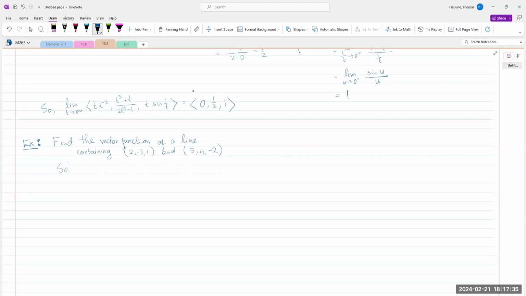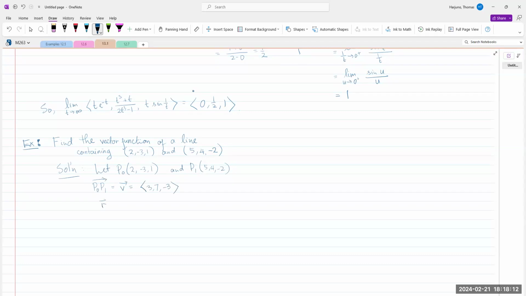The way we did it at the time, let our P naught, the initial point, be (2, -3, 1), and then P1 be (5, 4, -2). Okay, so our direction vector will be P1 minus P naught, right? That will be (3, 7, -3).